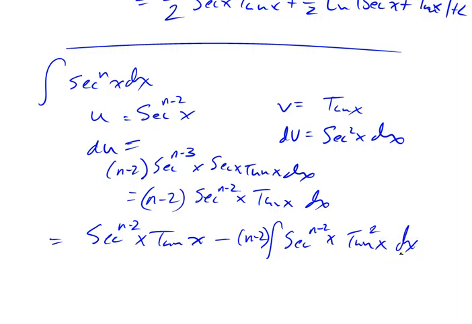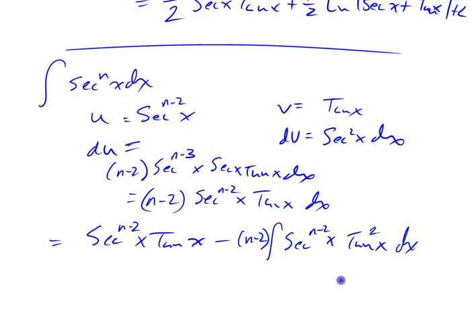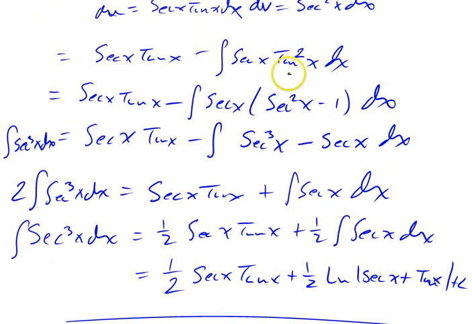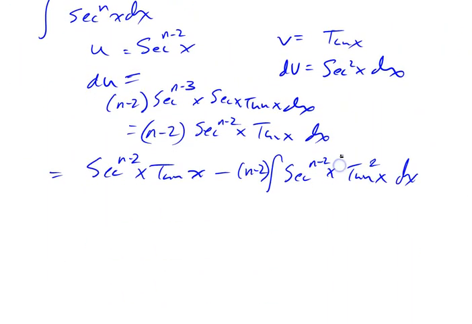Okay, and then that tangent squared x, just like I did before, what did I do before? I had a tangent squared x up here, and I turned it into secant squared x minus 1. That's what I'm going to do again.